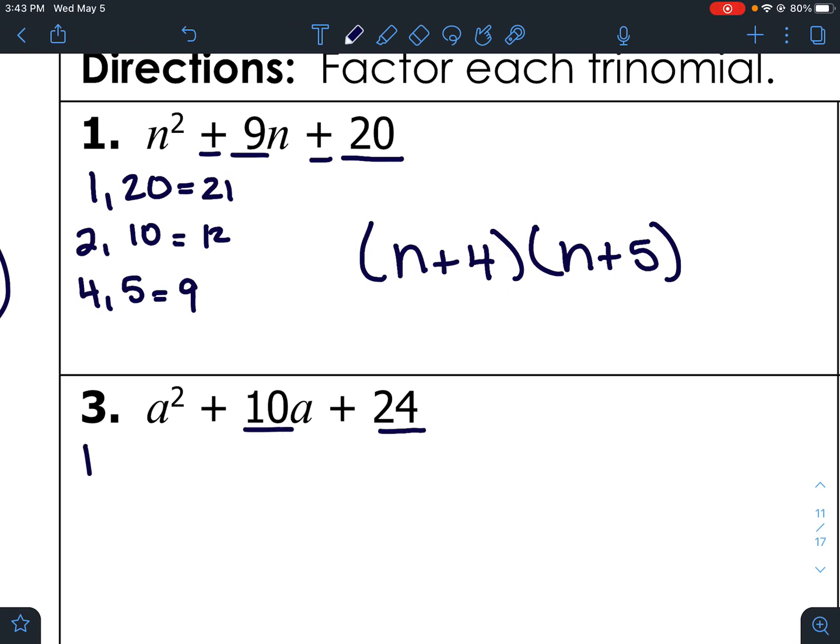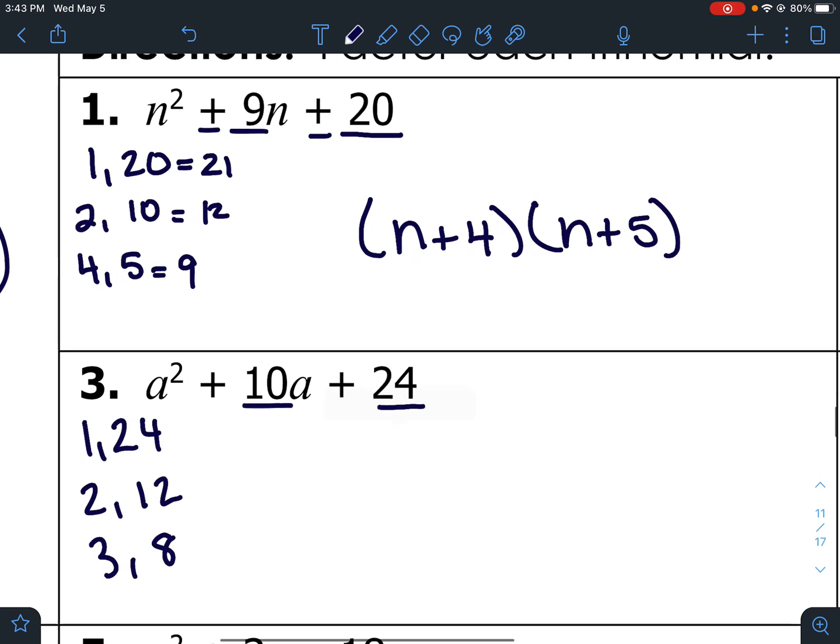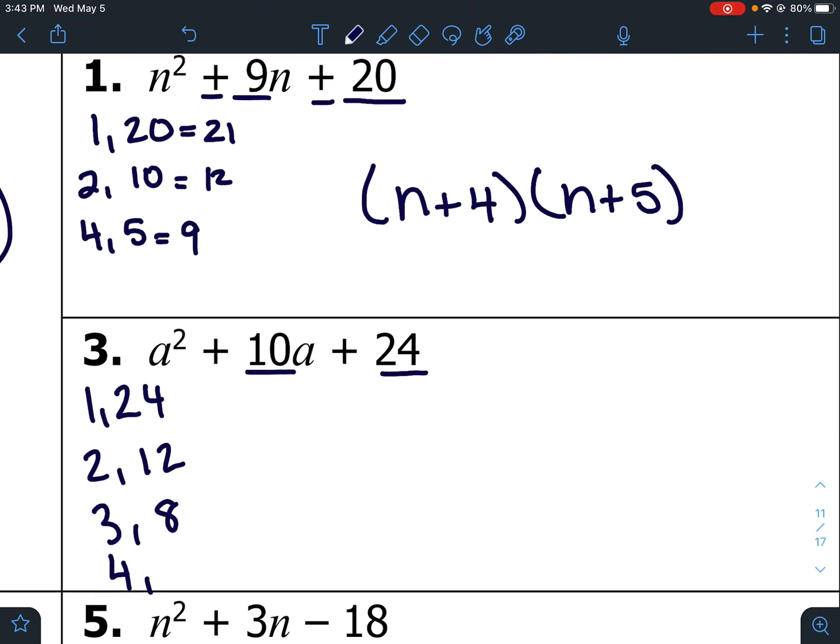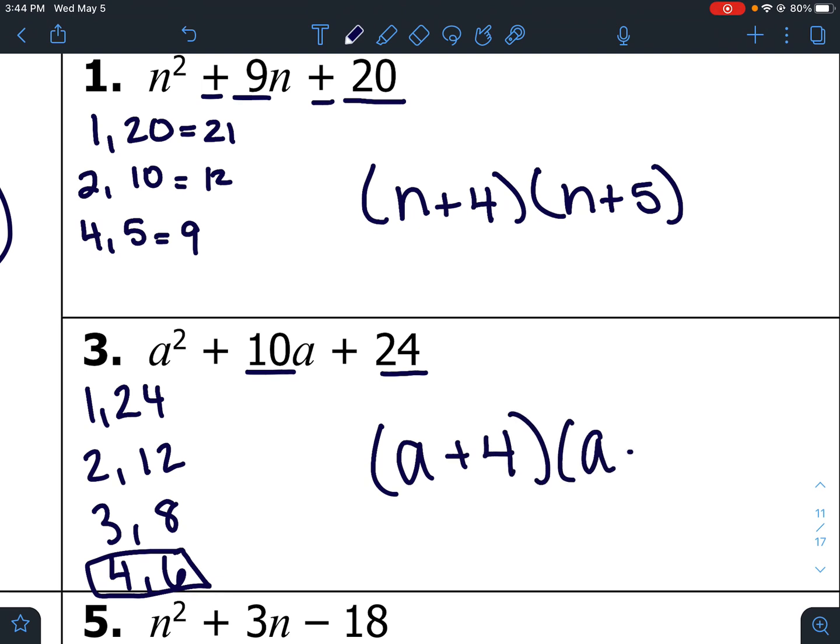Let's list them. 1 and 24, 2 and 12, 3 and 8, 4 and 6. Once again, I know I'm at the end because there is no 5, and then I get back to 6. Adding these up to be 10, that's going to give us 4 and 6. A plus 4, A plus 6.